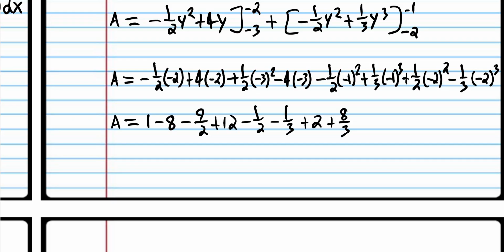Okay, so we can combine these two, and looks like we get 7/3, or 2 1/3 if you want to change it to a mixed number.